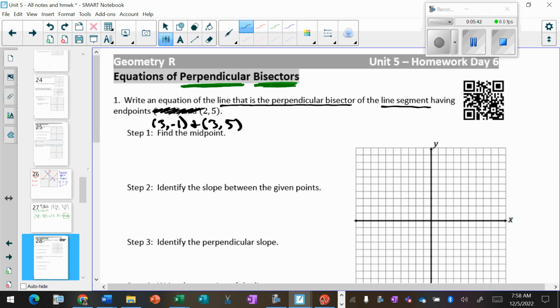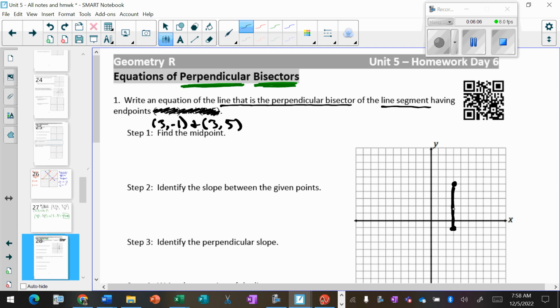So let's do those points instead. All right, 3, negative 1, and 3, 5. That's our segment. We're going to draw the line perpendicular to that one and passing through the midpoint.